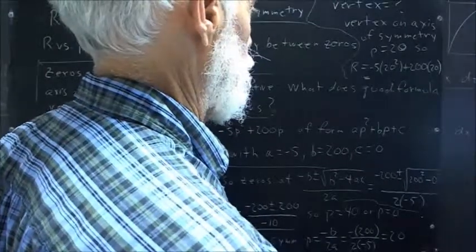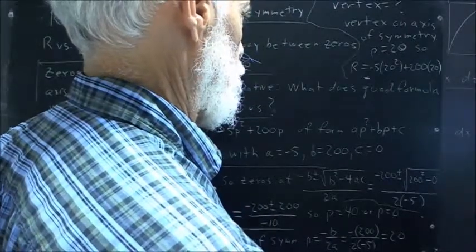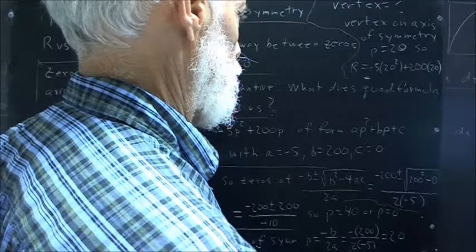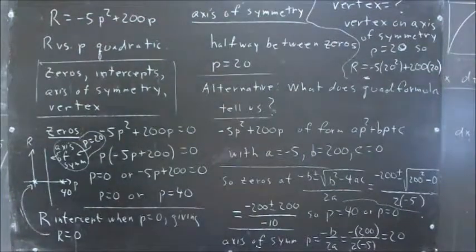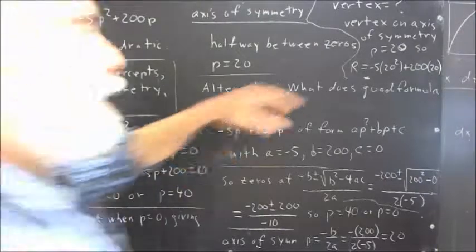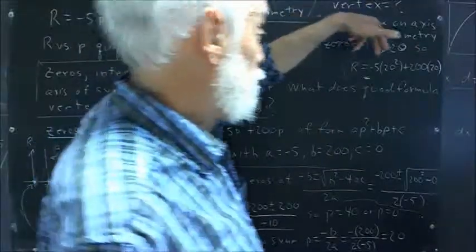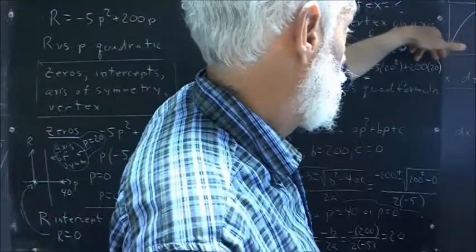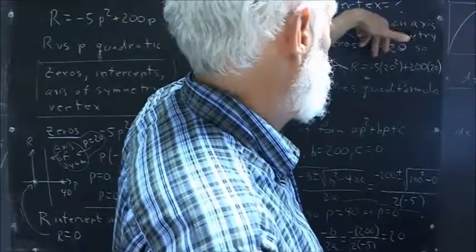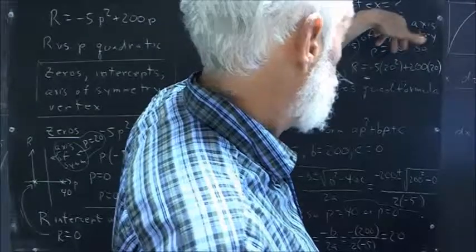And I'm getting a strange result here. I'm getting 4,000, which makes me wonder. Oh, sorry. Okay. Yeah. Talk about numbers since I didn't have any up there for a minute. 200 times 20 is 4,000. 5 times 20 squared is 2,000.